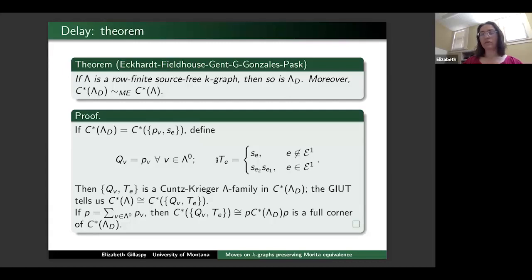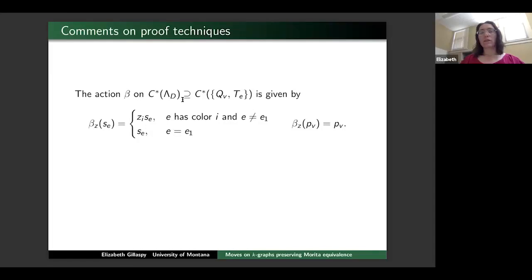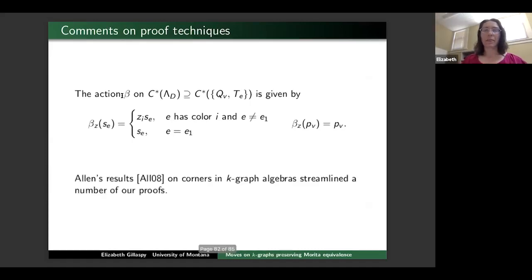I can't use the canonical gauge action on lambda D to intertwine with this projection pi from C-star lambda into C-star lambda D. So we have to come up with a different action, and my students came up with a nice, fairly general way to phrase when one can do that, when one can construct a variant on the gauge action, and that was what we ended up needing to use here.